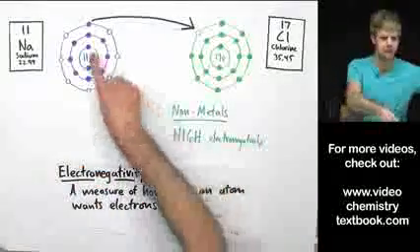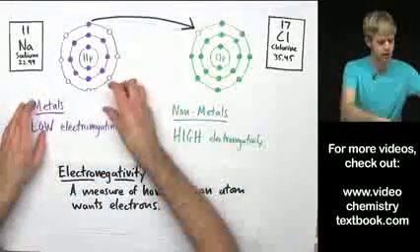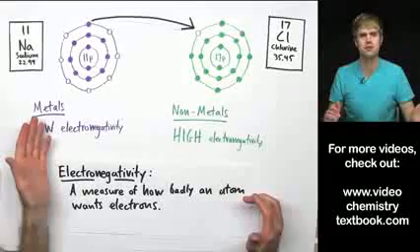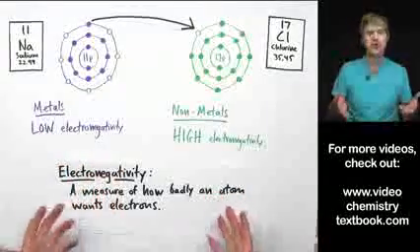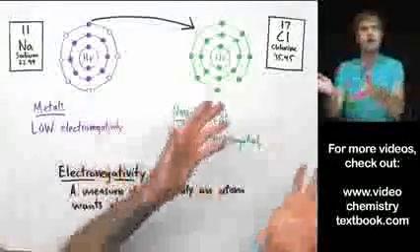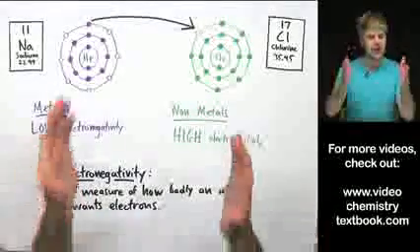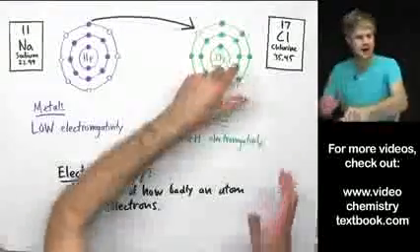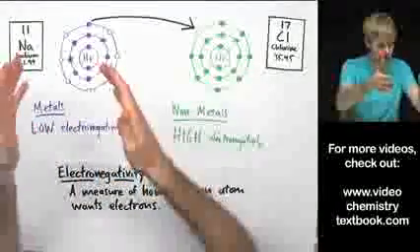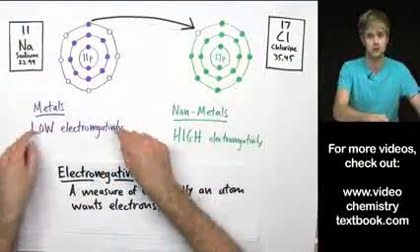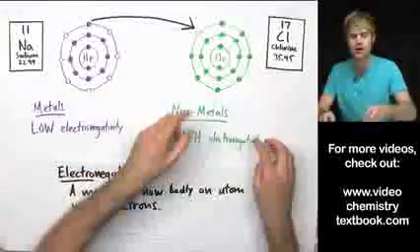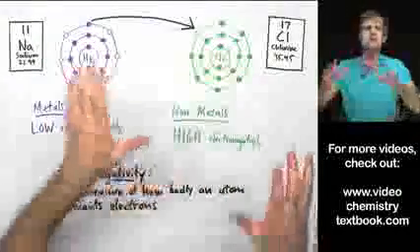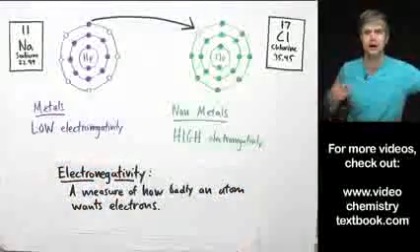On the other hand, metals, like sodium, have a low electronegativity. They're not so greedy for electrons, and they're willing to give them up. So that's why electrons move from sodium to chlorine and not the other way around. They move from the atom with low electronegativity, low greediness, to the atom with high electronegativity. This is the way it always works in ionic bonding.